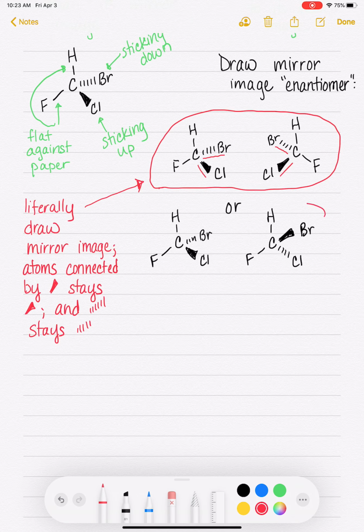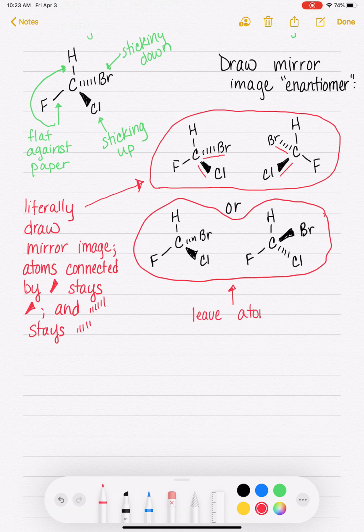For your other option, in this method right here, you're going to leave all the atoms in the same position. So whatever is on the left-hand side stays on the left-hand side, and whatever's on the right-hand side stays on the right-hand side.